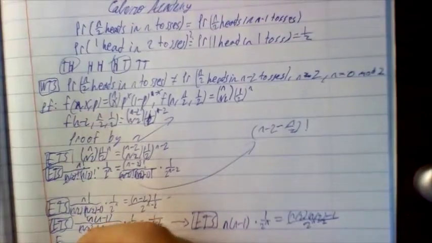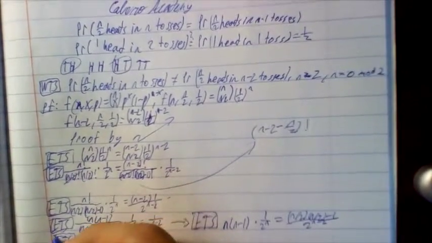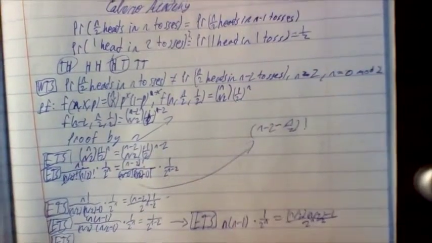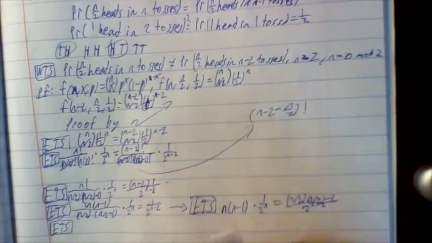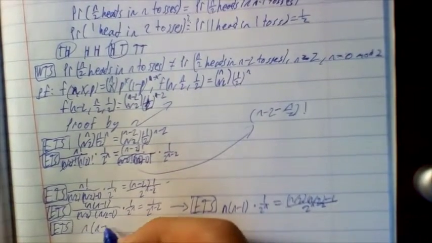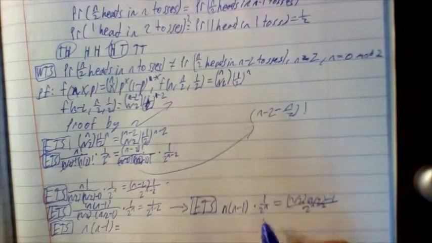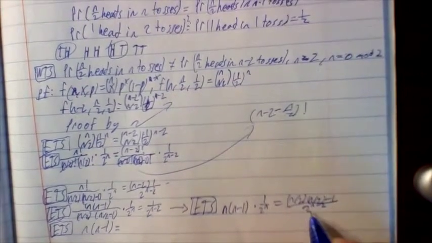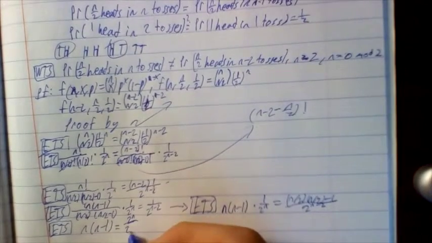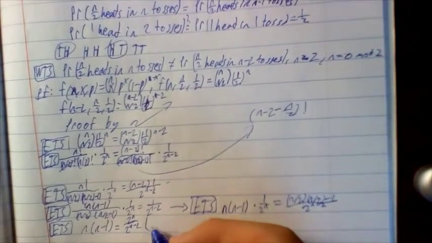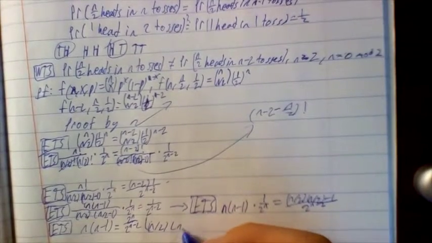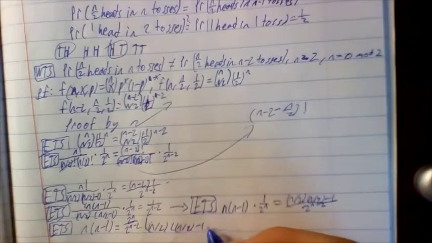Next, let's multiply both sides by 2 to the power of n. So if it's really equal to each other, it should be true that n times n minus 1 is equal to 2 to the power of n on 2 to the power of n minus 2 times n on 2 times n on 2 minus 1.